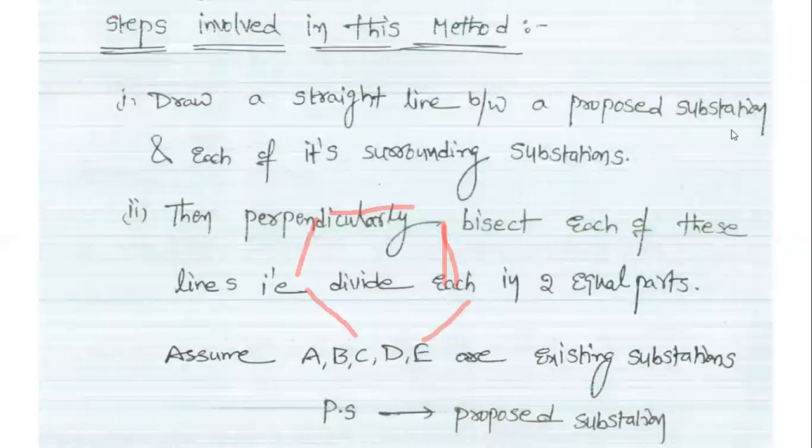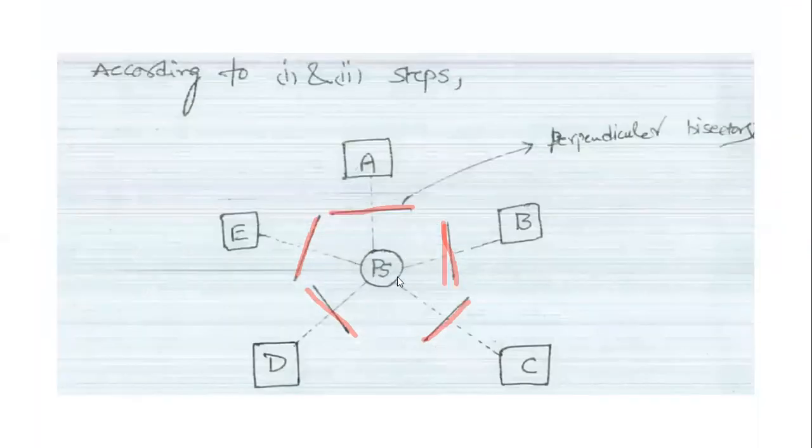Draw a straight line between the proposed substation and each of its surrounding substations. First, we consider the proposed system and draw a straight line from the proposed system to each utility load. After drawing the straight lines, we draw the perpendicular bisectors.